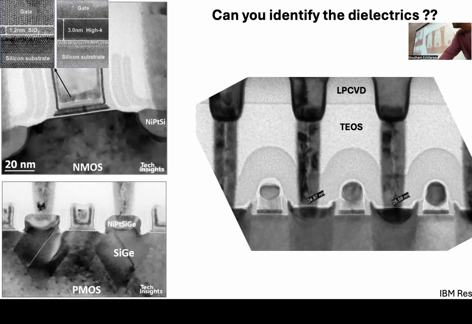I don't know which one is which, but all I can say is that when you give the atoms higher energy, in terms of temperature and plasma enhancement, it tends to be higher quality. That is also CVD, but I'm guessing it's at a lower temperature. Who cares about the details, right? All that matters is if you give the atoms enough energy and temperature, it's going to be higher quality.